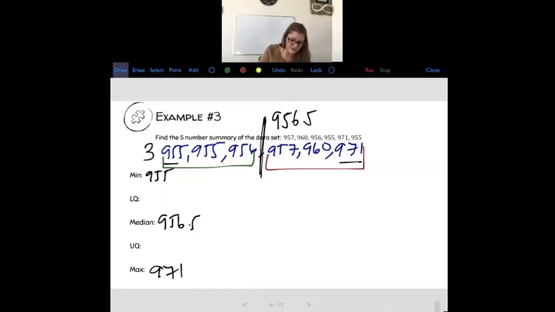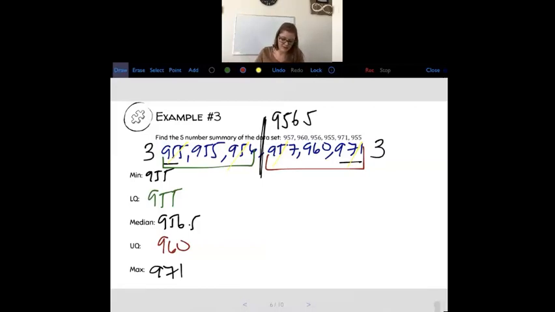There's 3 values in the lower half, 3 values in the upper half, which means you found the middle of the data set. To find the LQ, in this case, it would just be 955, and the UQ would be 960. So those are a few different examples of how your median could fall when you're talking about the median of the data set, or the lower quartile and the upper quartile.